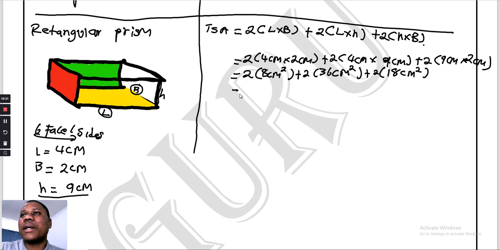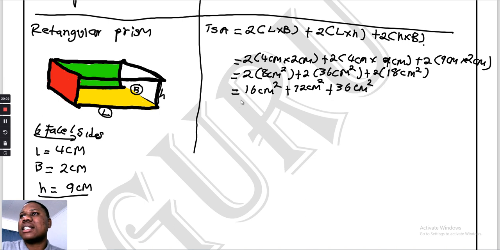Okay, and then we're going to have 8 multiplied by 2, that is 16 centimeters squared, plus 36 multiplied by 2, that is 72 centimeters squared, plus 18 multiplied by 2, that is 36 centimeters squared.